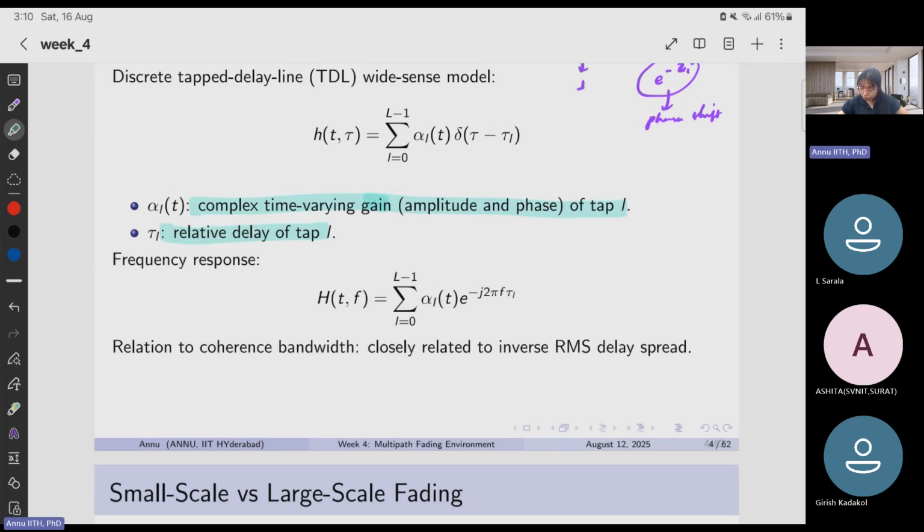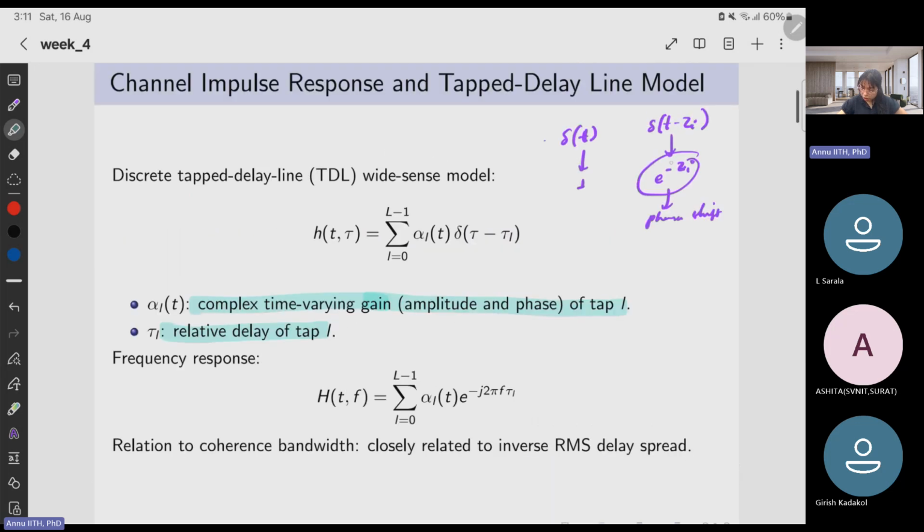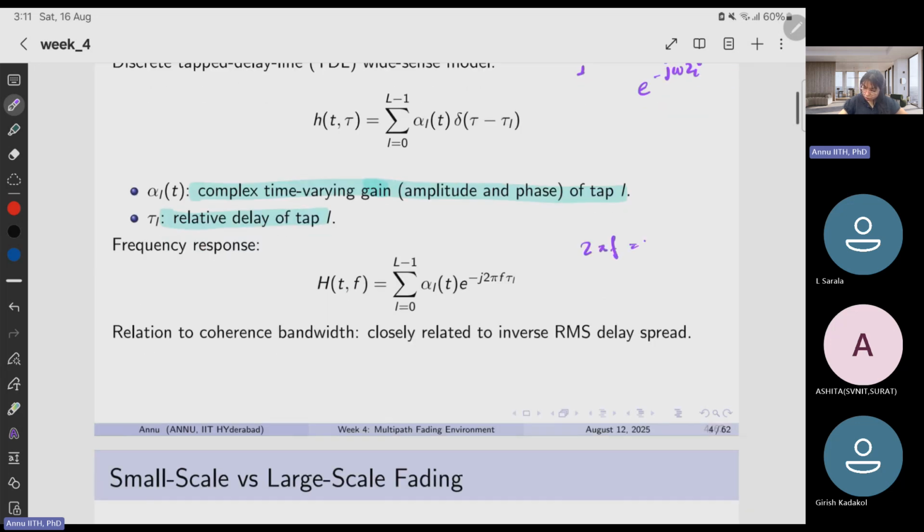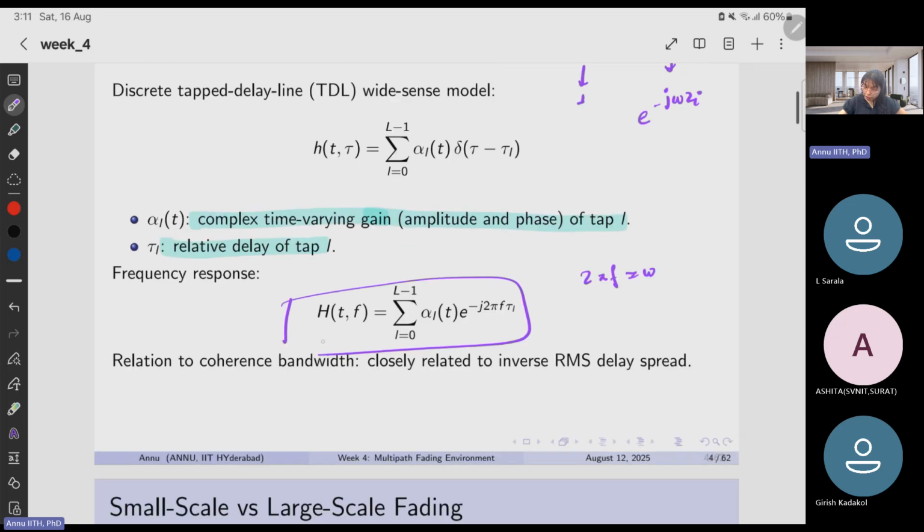If you convert tau to f, alpha stays the same because it is a scalar, and this is e power minus j omega tau. The j omega term should be there, and 2 pi f is nothing but omega. So this is the frequency response. You may wonder why you're not converting t to f. You are converting tau to f, you understand?